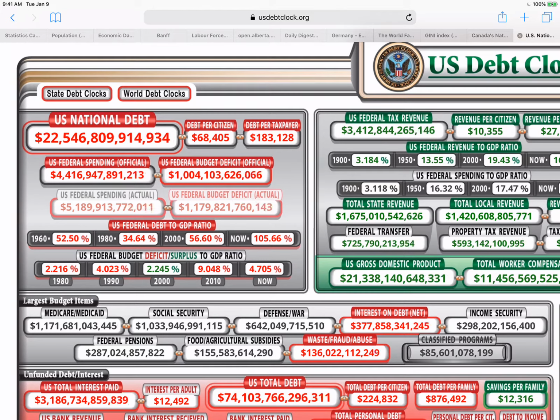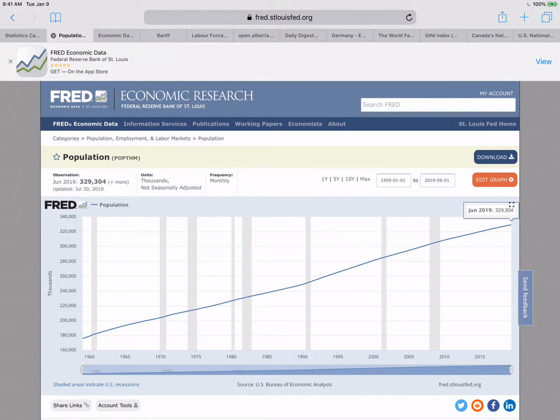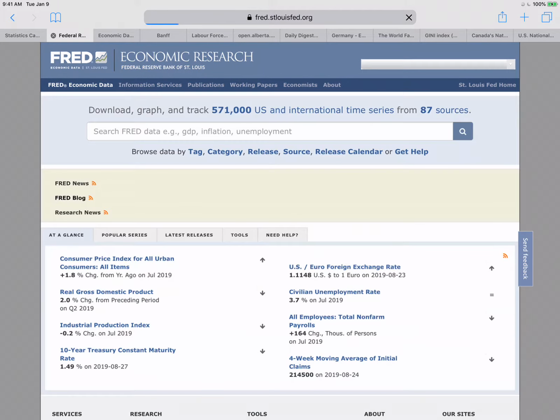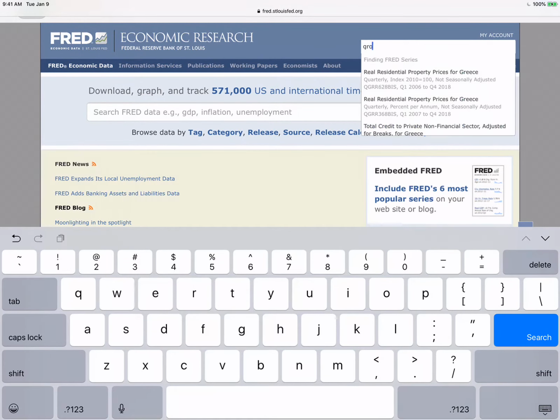Now, let's compare this to the US GDP. Well, we can go back to Fred, and Fred told us that the US economy was growing by 2%, but how big is GDP?